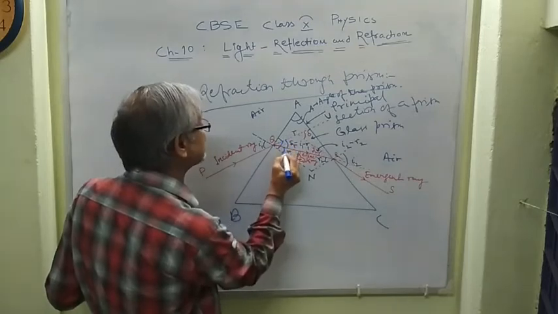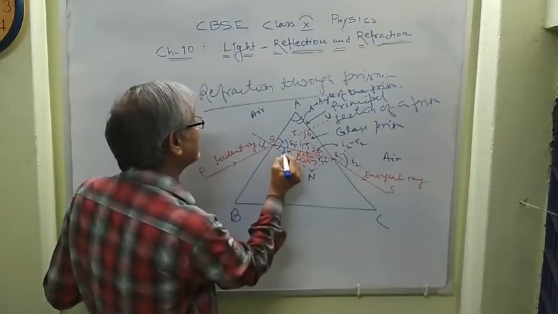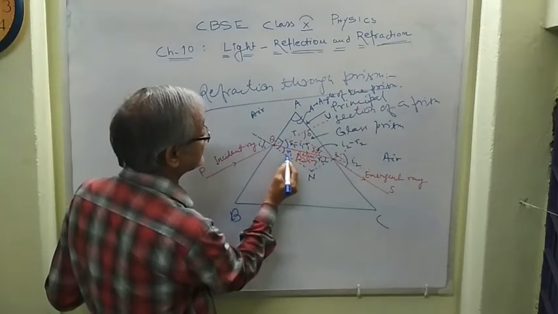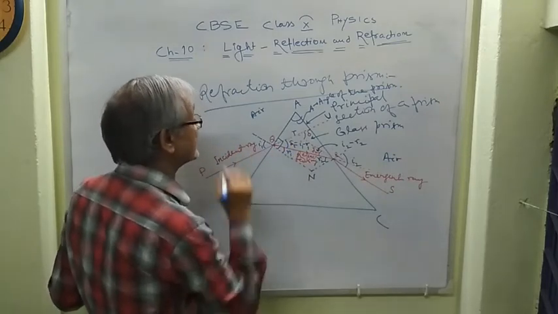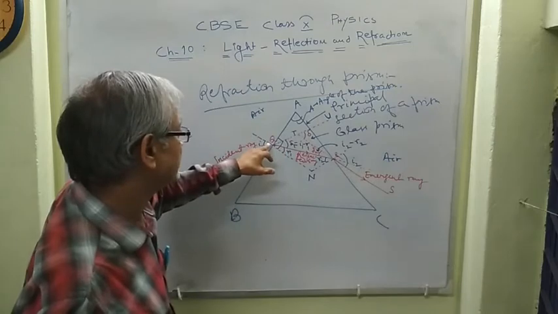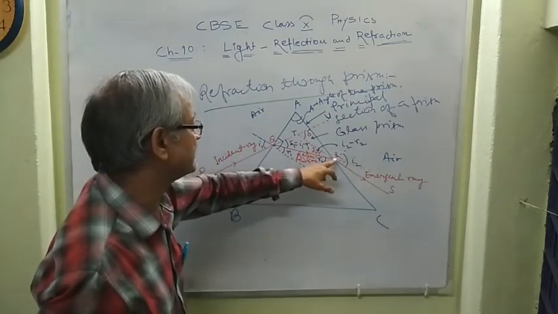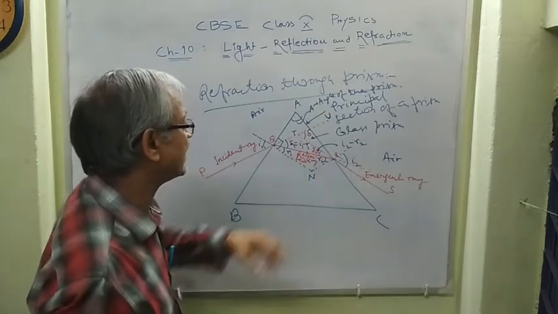This angle will be the total angle I1. Hence, if R1 is subtracted from I1, we get the deviation due to refraction at Q. Similarly, we get the deviation due to refraction at R: delta 2 equals I2 minus R2.